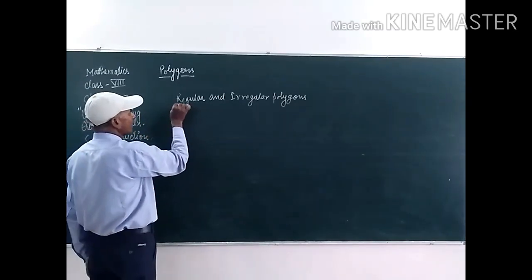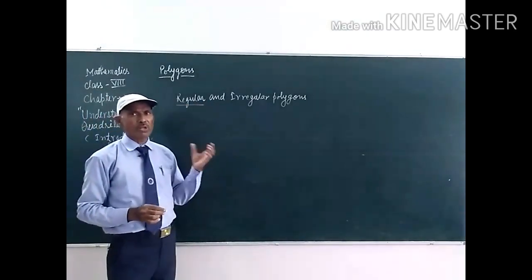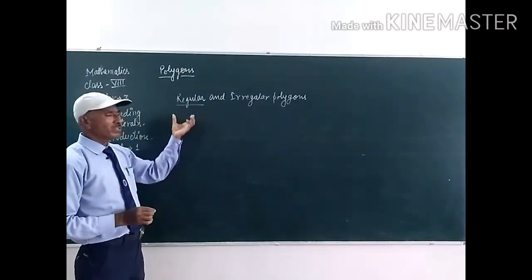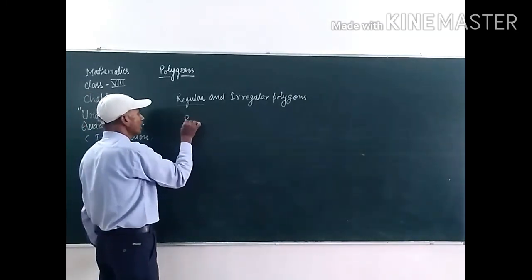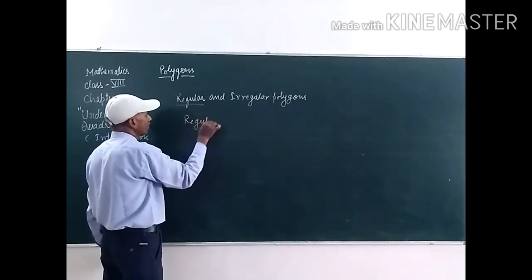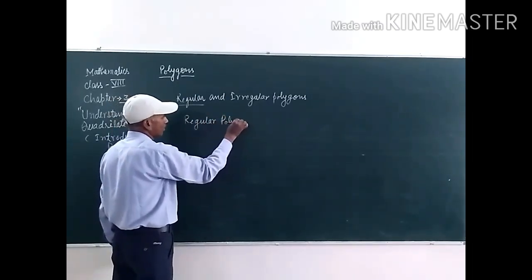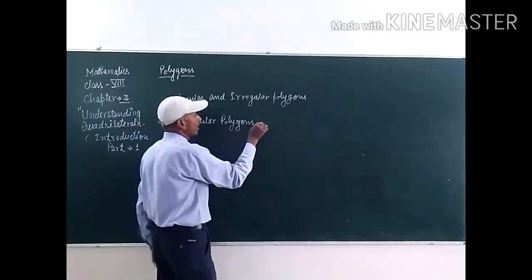So what are regular polygons, student? First of all, we will discuss what are regular polygons. Regular polygons are those, student, whose all sides are of equal length. So first, regular polygons.